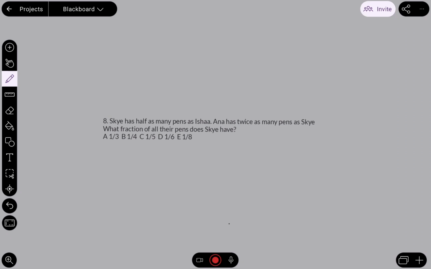Okay, so we have to do a little bit of algebra here. Let's say the amount of pens that Sky has is p. And since she has half as many pens as Aisha, Aisha has 2p, double the amount that she has. And Guy also has double as many pens as Sky, so he also has 2p.